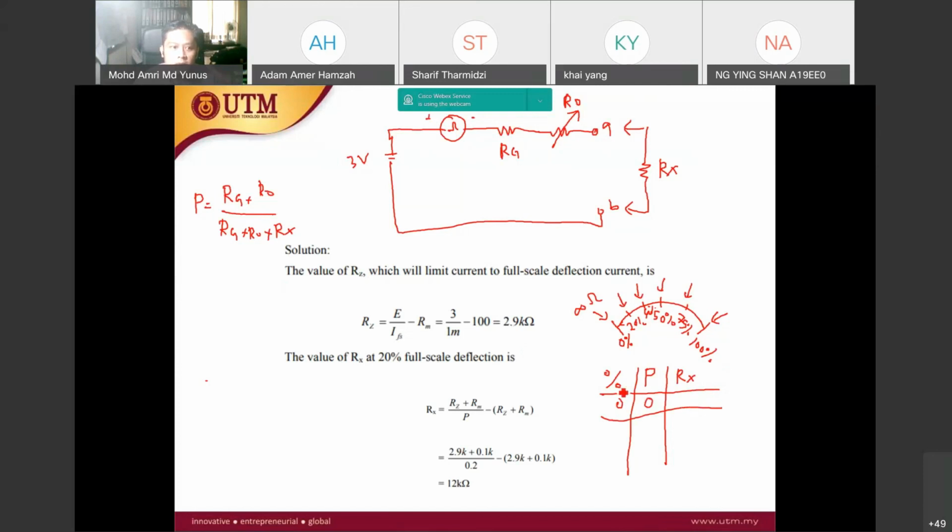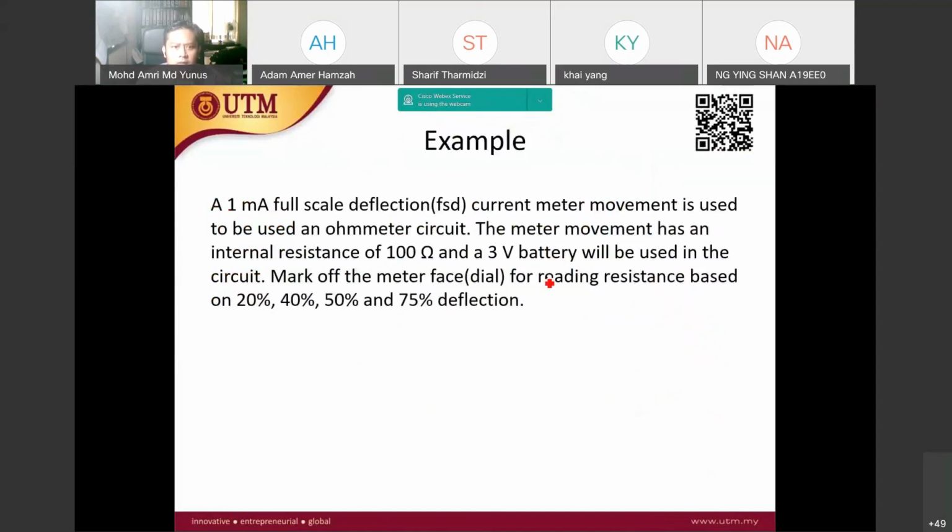If we put 0 here, we know the value of Rg. The Rg is 100 plus Ro.